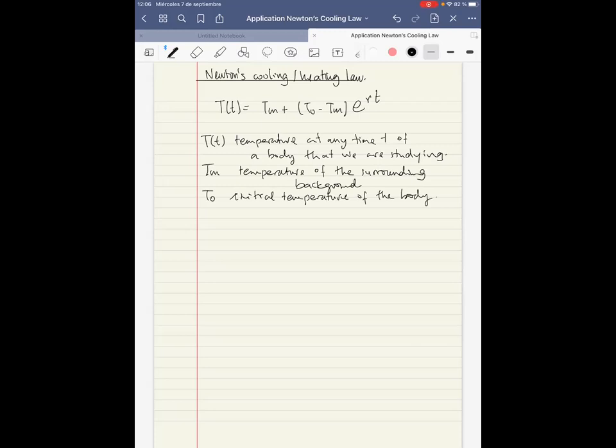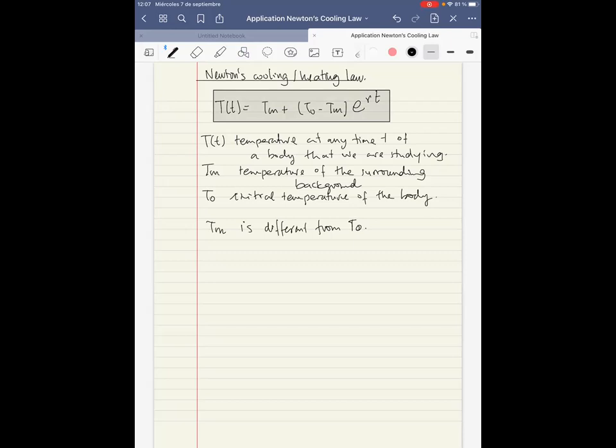So basically, what this law tells us is that we can get the instantaneous temperature at any time of a body that is put into a background that is at a different temperature. In principle, the temperature of the background is different from the initial temperature of the body. So there's going to be an effect if you put a body into an ambience that is at a different temperature.